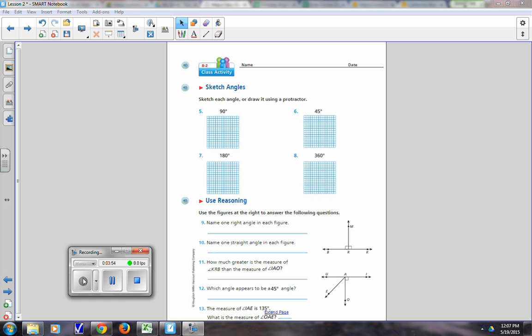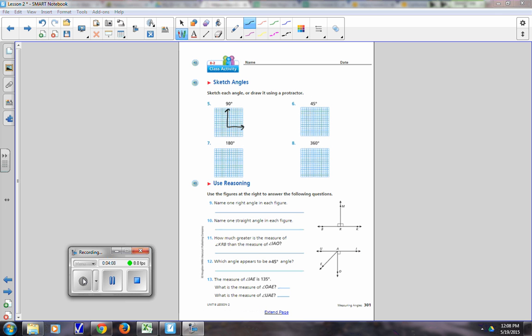I want you to attempt, top of page 301, to sketch these angles. Use the lines, but you know that a 90-degree angle is going to be pretty square, yeah? You know that a 180-degree angle is going to be straight.